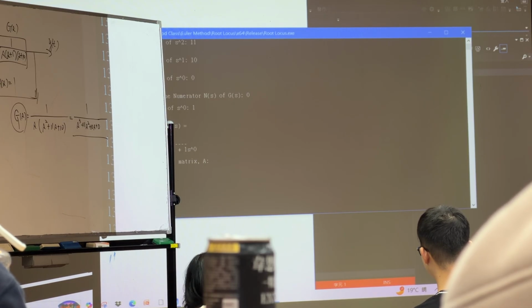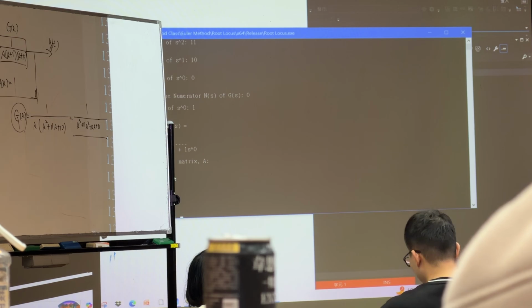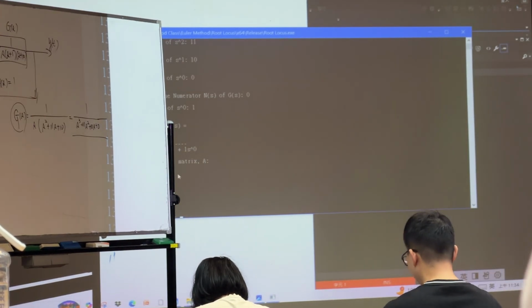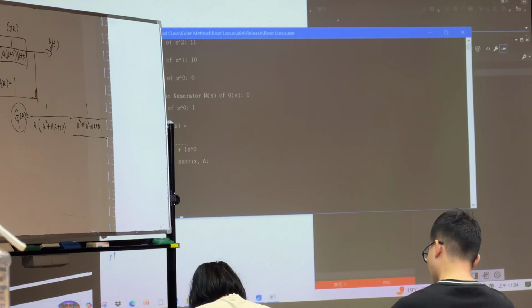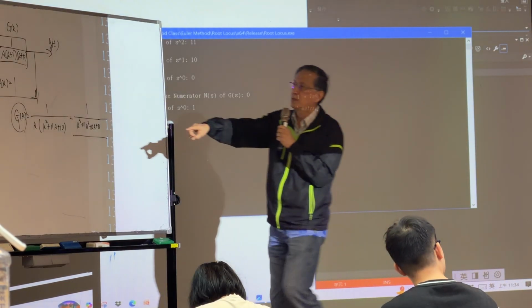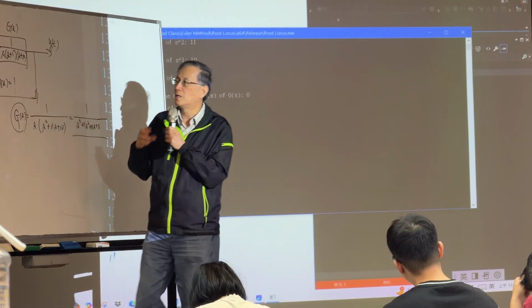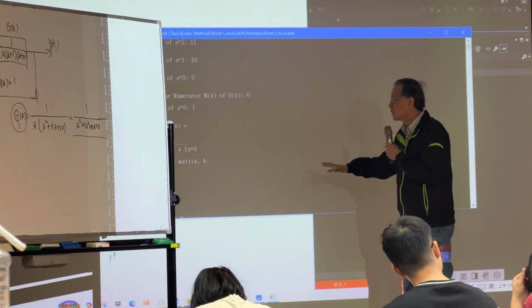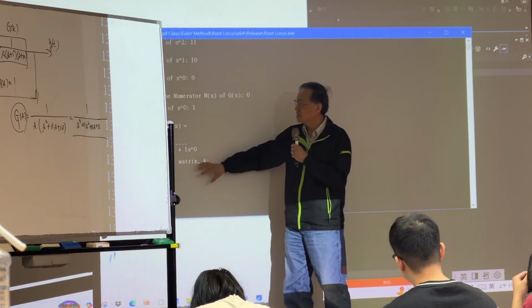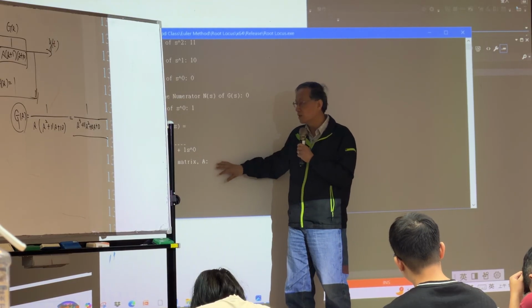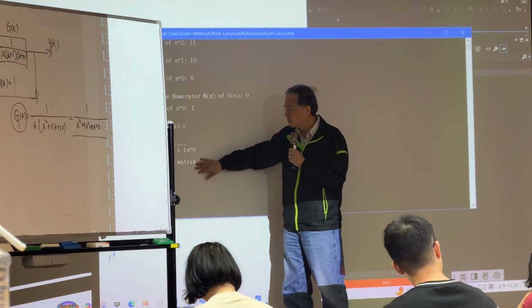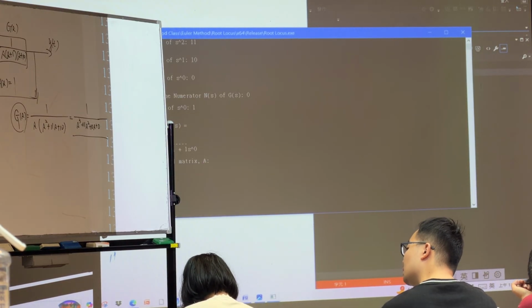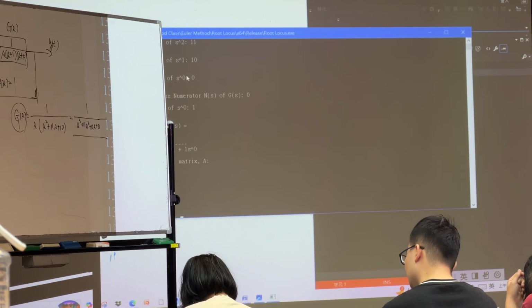Once we have the state space representation, x-dot equals Ax plus Bu, y equals Cx plus Du, we can use the Euler method to solve this, as we just taught. So now you have the A matrix, you can use the Euler method to do the simulation.